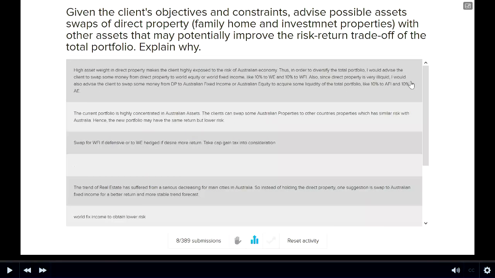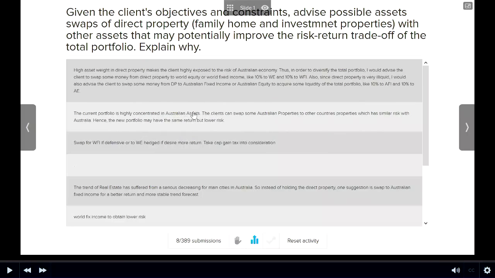So if you consider the first response we received last week, switching to world equity for growth, world fixed income for defensive, this explanation is much clearer in identifying the fundamental risk you try to diversify and why this asset swap will diversify that risk. In other words, improve the risk-return trade-off of the total portfolio. The second: the current portfolio is highly concentrated in Australian assets.